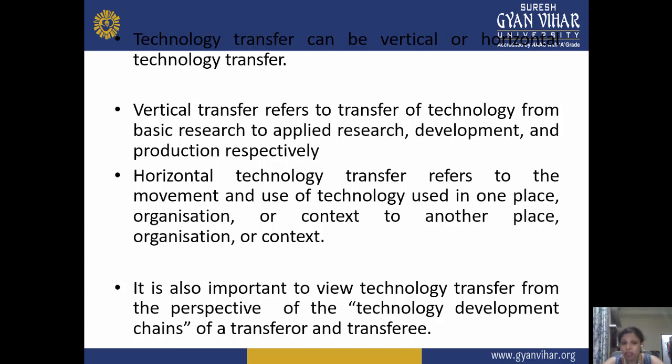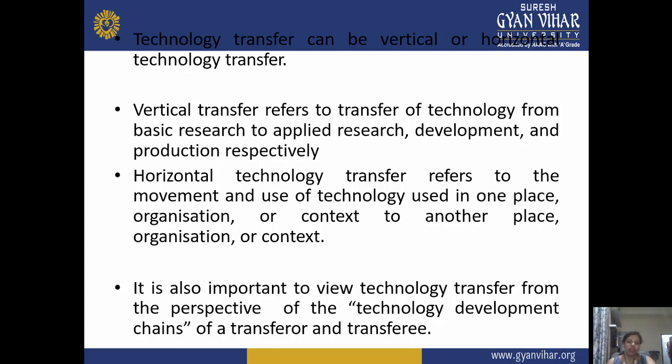If that new product or new technology developed in the basic research lab is transferred to applied research or research and development and then to production, where the manufacturing happens, this type of transfer is known as vertical technology transfer. We have also discussed this: it can be transferred from R&D to production. So that is the vertical transfer.